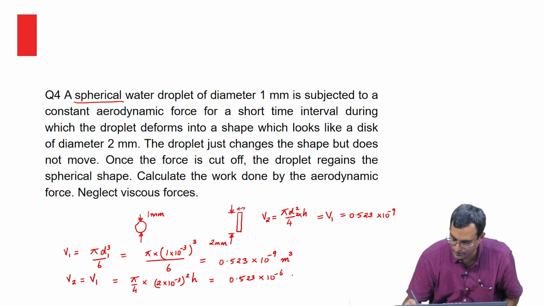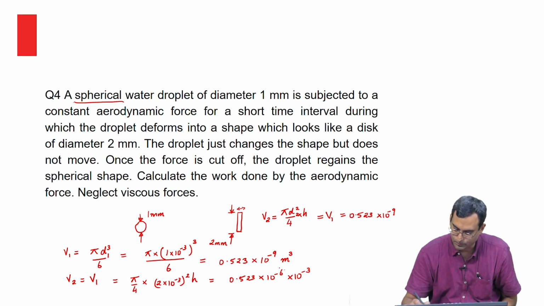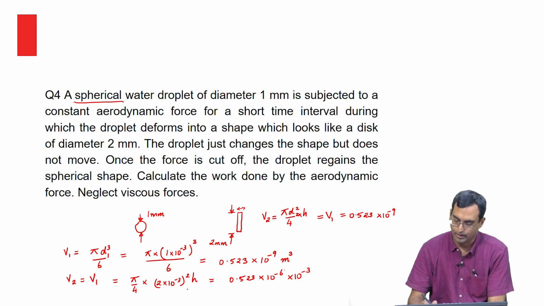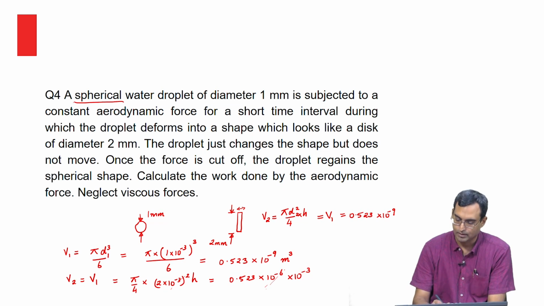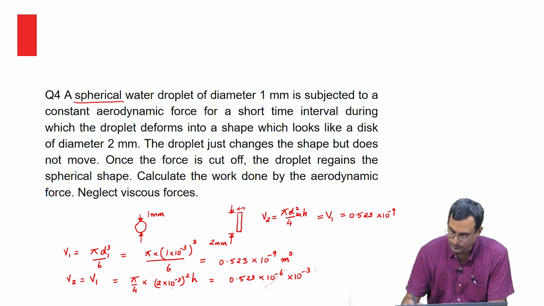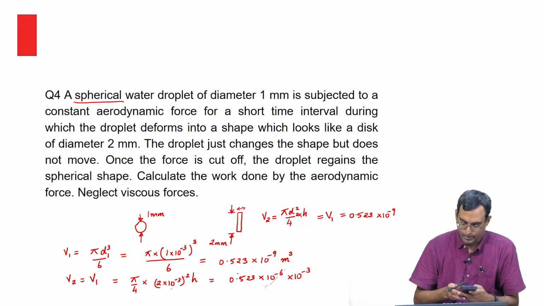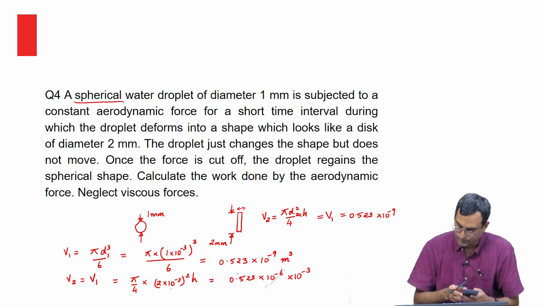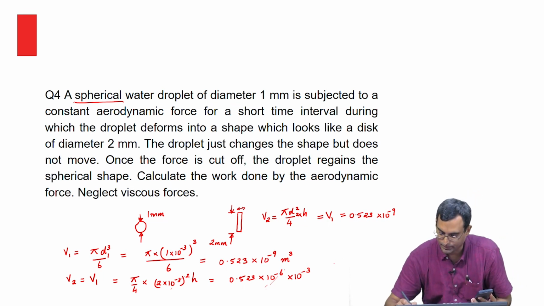I am going to write this 10 power minus 9 as minus 6 into minus 3, because I can cancel out this minus 6 portion when I equate these, and I want to find out the value of height. So, this goes with this part. I have 2 squared is 4, 4 and 4 get cancelled. So, I have pi into h is equal to whatever is left here. So, h is this value by pi. So, I have 0.523 divided by 3.1415, that is 0.16 into 10 power minus 3.